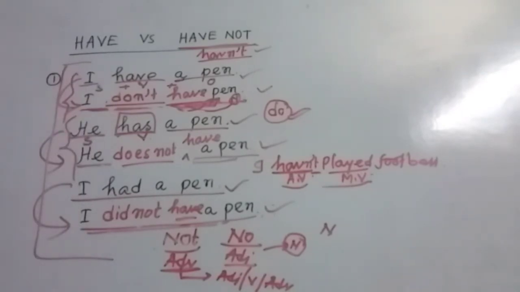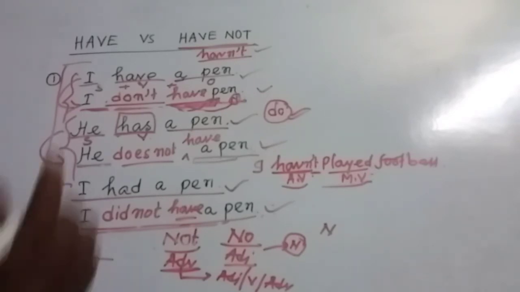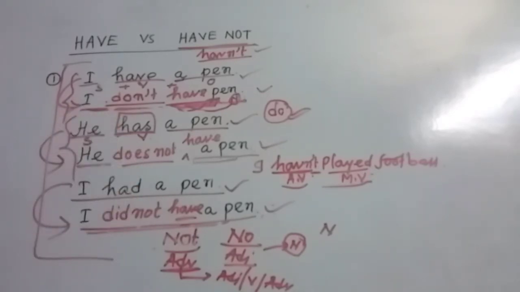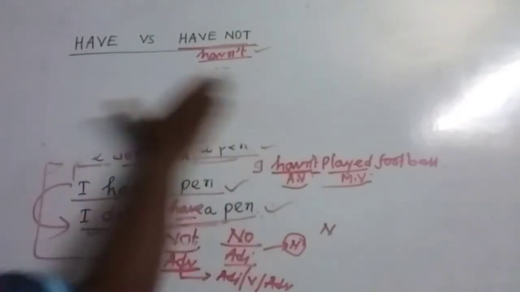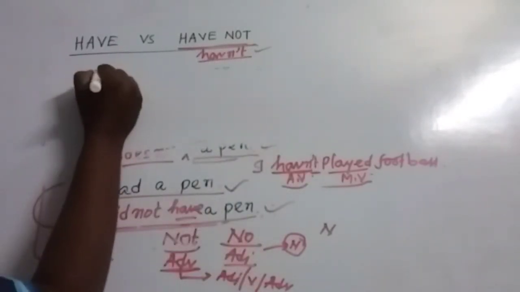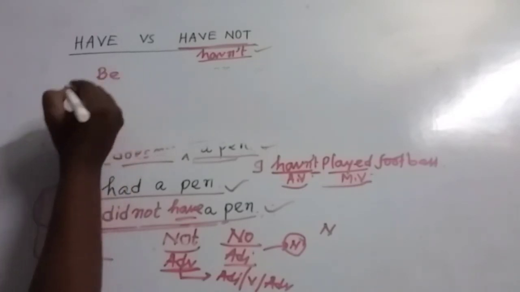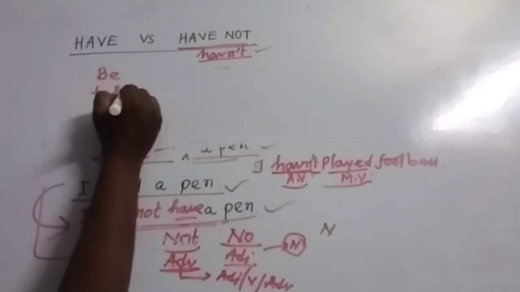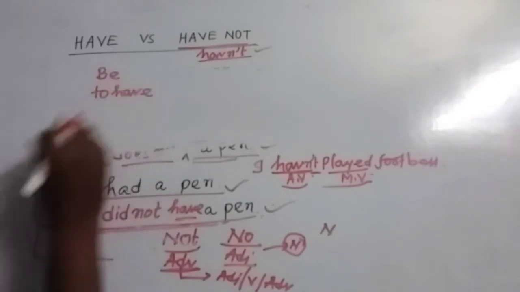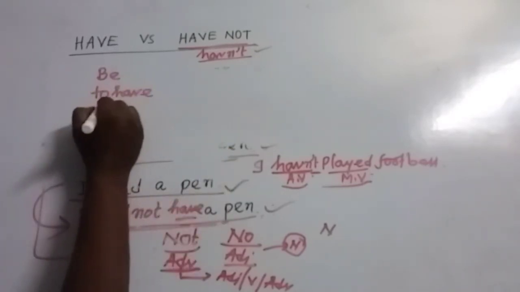And my dear friends, as you know, there are three types of verb in the English language. One is called be verb. You know it. Another one is called to have verb. And the third one is called to do verb.